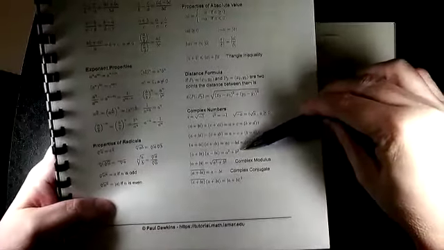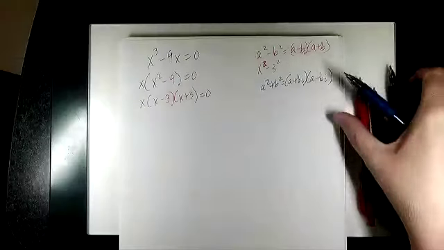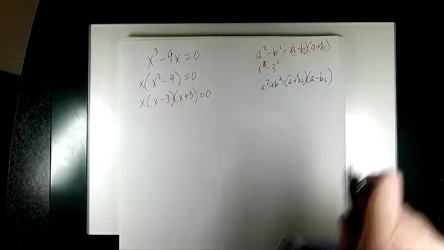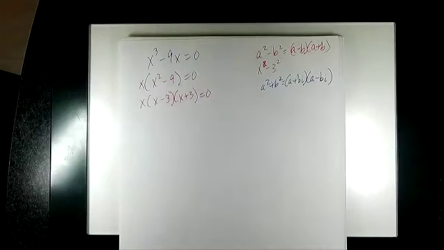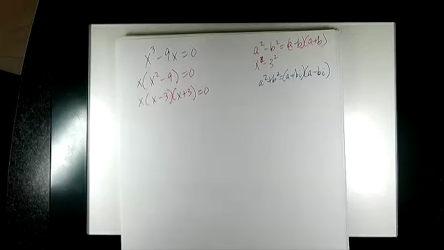Difference of squares is that. Sum of squares is not that. So, there is a sum of squares formula. Usually you would just try to use what we had up here.